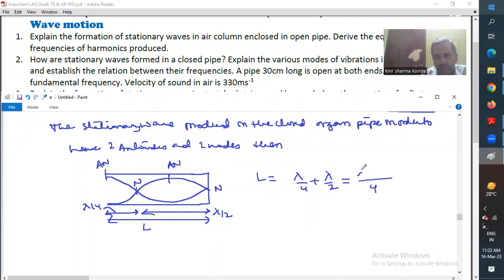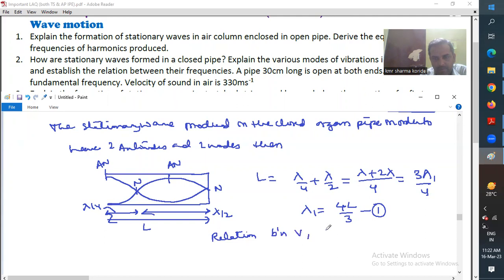4 is the LCM, so lambda plus 2 lambda gives 3 lambda by 4. We are looking for the first overtone. Lambda 1 is equal to 4L by 3. Once again, the relation between V, the speed of sound, the frequency of the first overtone, and lambda is V equals F1 lambda 1, with lambda 1 equal to 4L by 3.